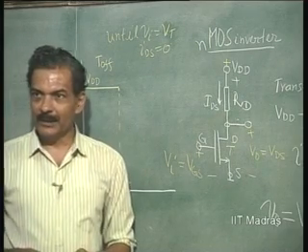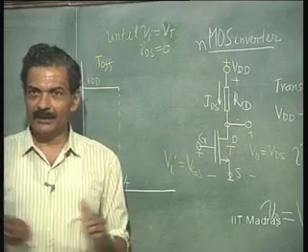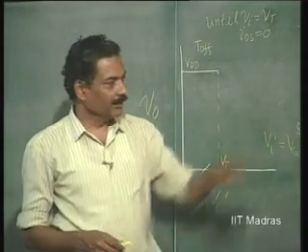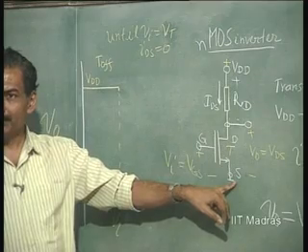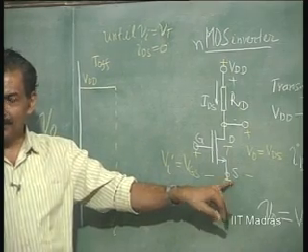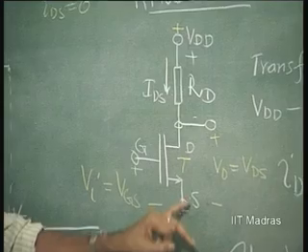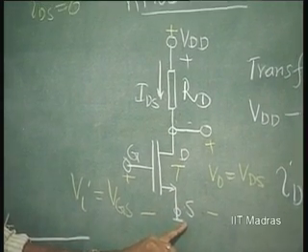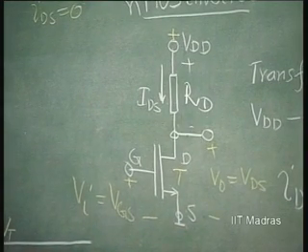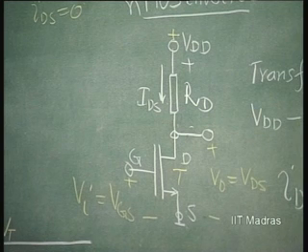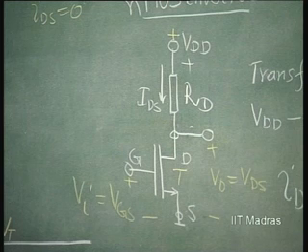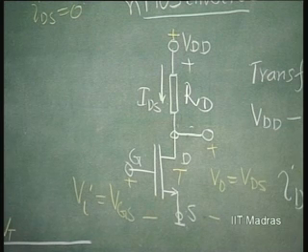Is the FET in the current saturation region or triode region is my question. Have you understood the question? Where is the transistor located? This voltage is the highest possible. The transistor enters current saturation region for all voltages VDS greater than VGS minus VT. VGS in this case is Vi, that means for all voltages greater than Vi minus Vt, the transistor is going to be in the current saturation region.